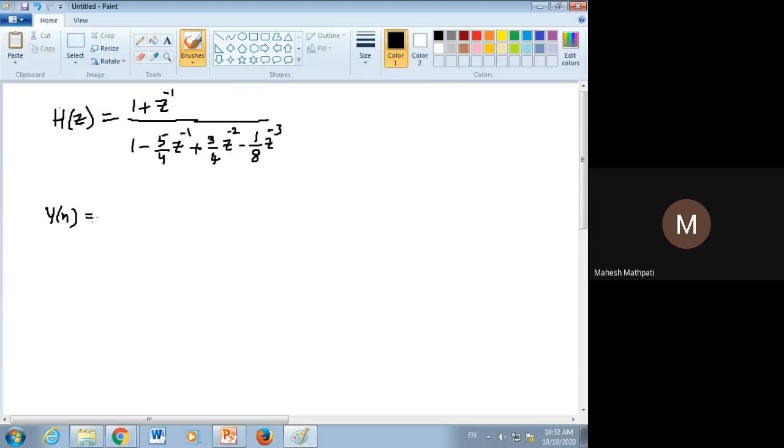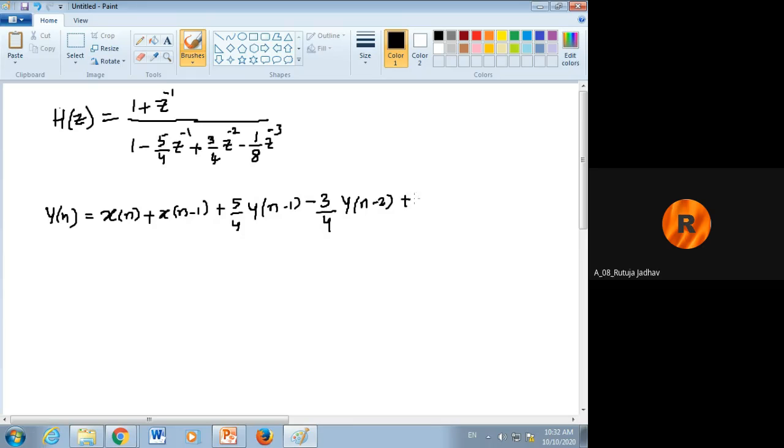Now, y of n equals x of n plus x of n minus 1 plus 5 by 4 y of n minus 1 minus 3 by 4 y of n minus 2 plus 1 by 8 y of n minus 3.